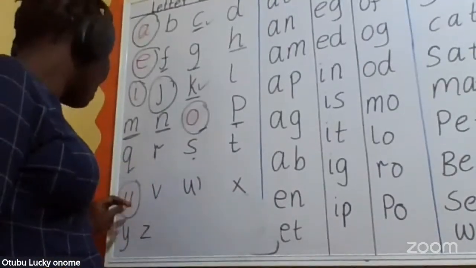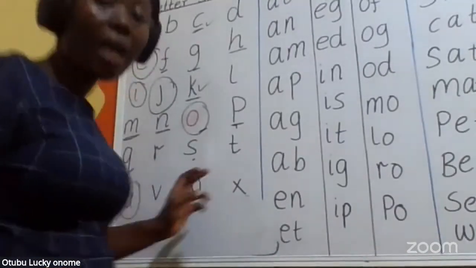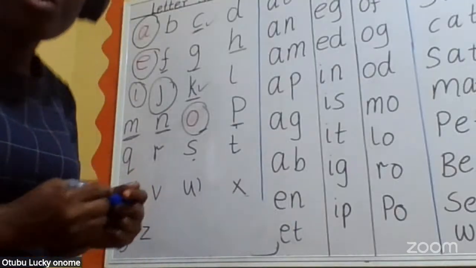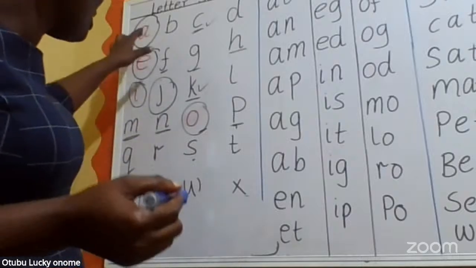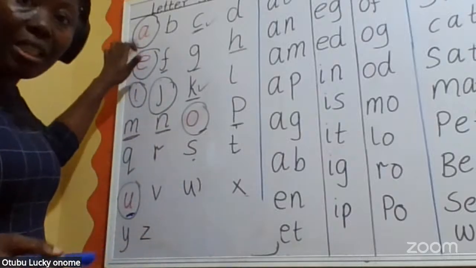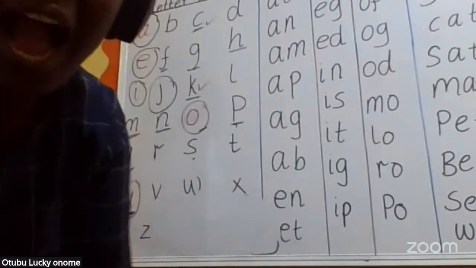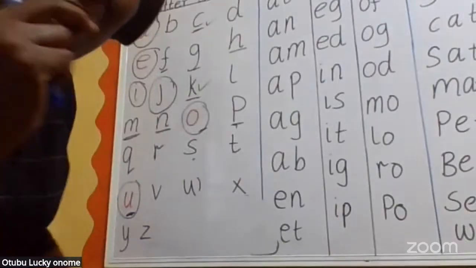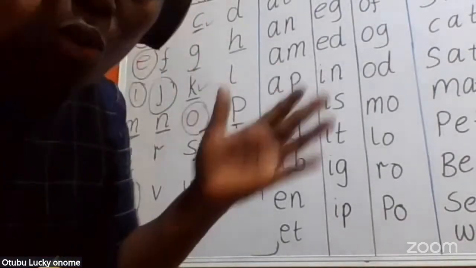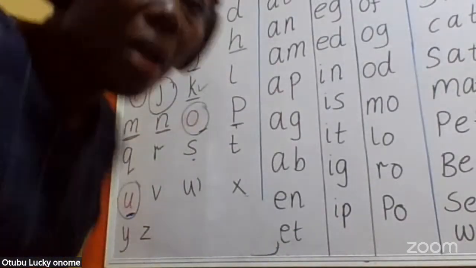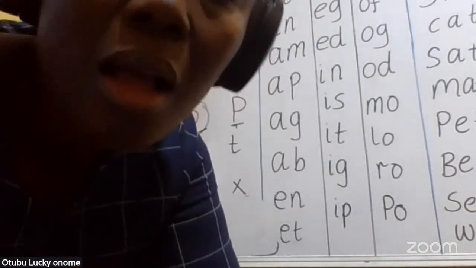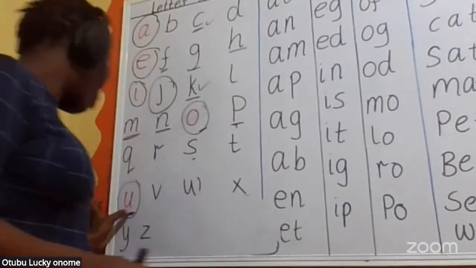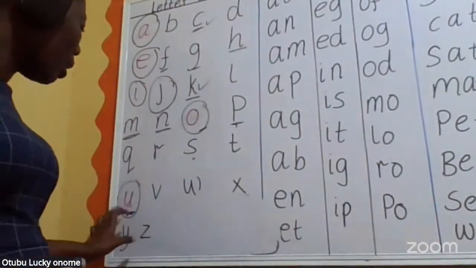The next one is a vowel. It's similar to the earlier one, but when you say that first letter you open your mouth wide, while for this one your mouth is only slightly open. You don't open your mouth too much when saying this sound.